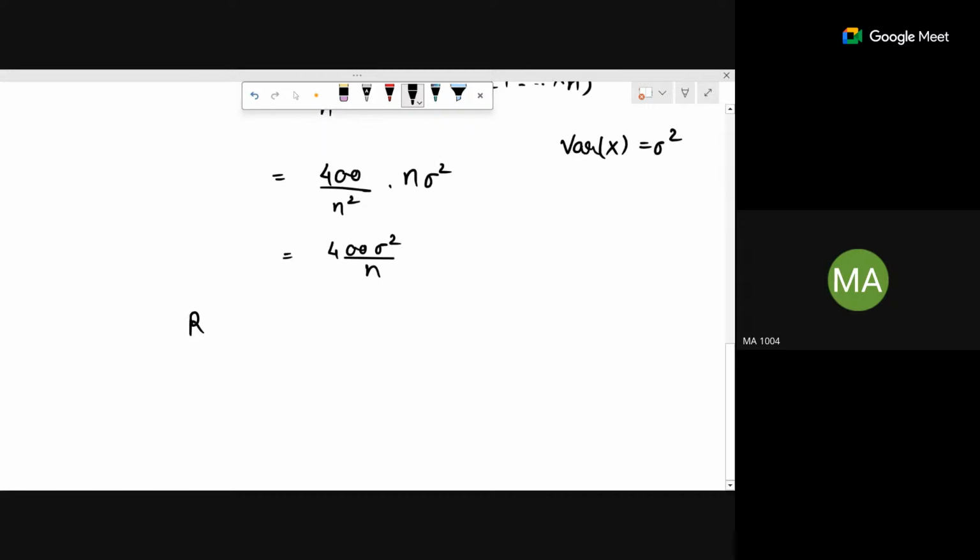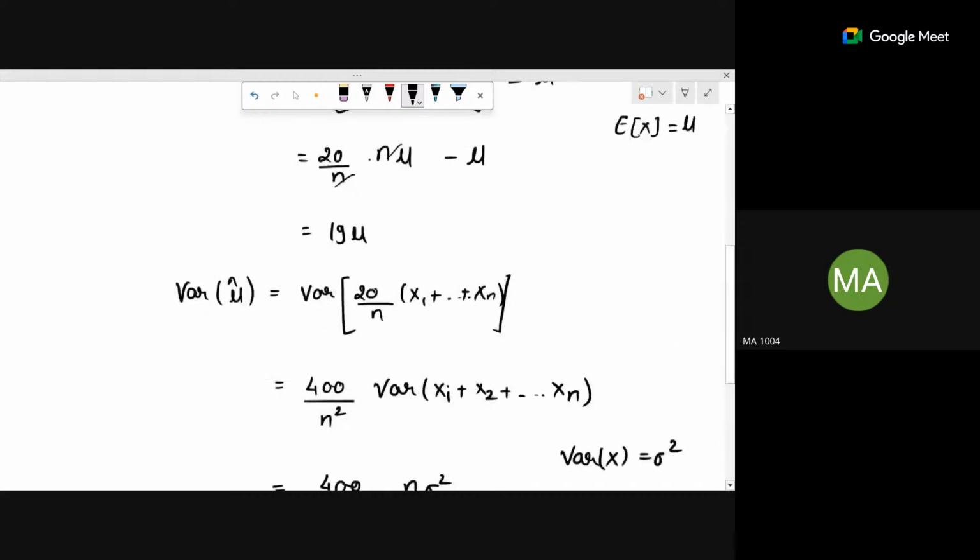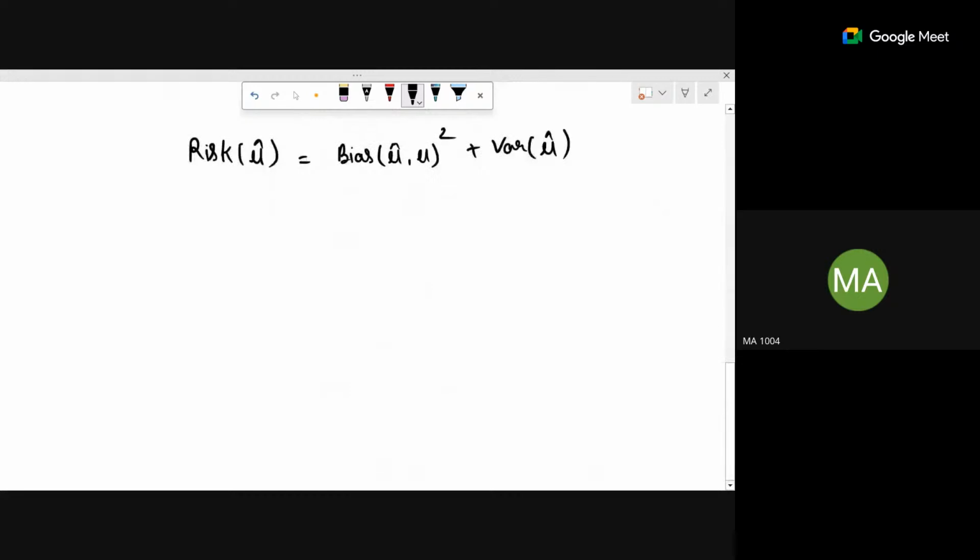So from there, the risk of our estimator mu hat is given as the bias of mu hat squared plus variance of mu hat. The bias we have calculated was 19 mu, so that gives us 19 mu square, plus 400 by n sigma square.